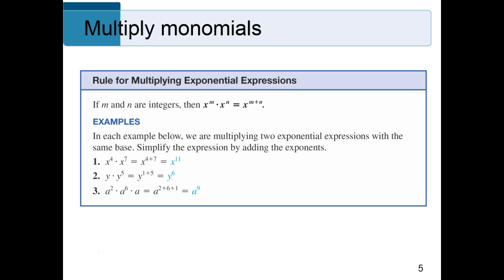X to the 4 times x to the 7. X to the 11th. Y'all are good. Y times y to the 5th. Y to the 6th or 5th? 6. Okay. Well, I don't see an exponent there. Then you understand it to be a 1. You're absolutely right. Okay. How about this one?